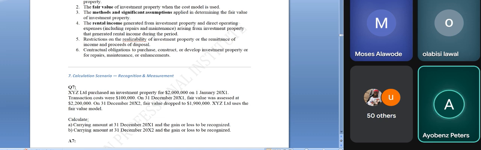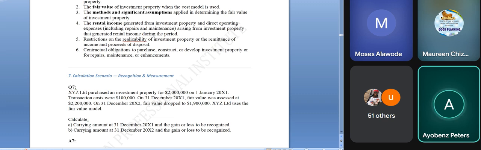So now look at this. The carrying amount at 31st December 2021, they said we should determine it. It will be 2.2 million. Why? Because there is a fair value increase from 2 million as at 1st January, and as at 31st December it is now 2.2 million.